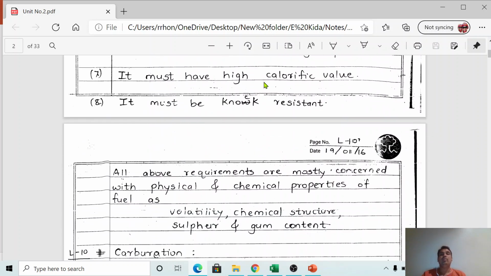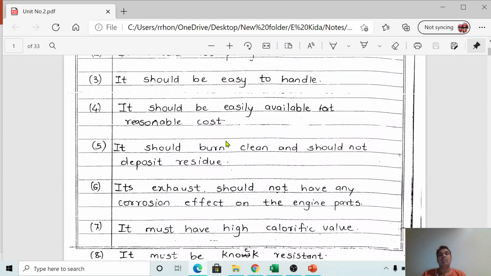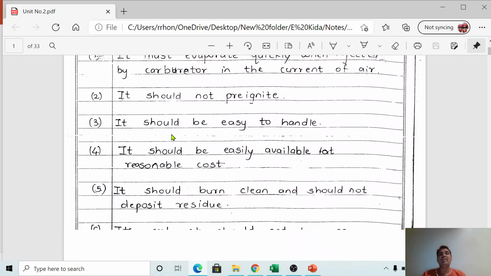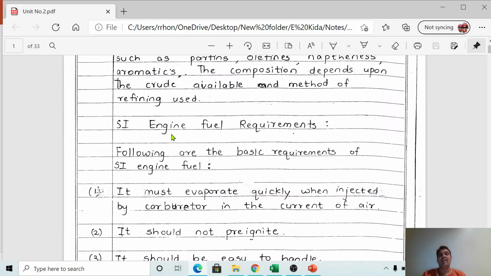All our requirements are mostly concerned with the physical and chemical properties of the fuel, and those properties are likely volatility, chemical structure, sulfur and gum content. So we can say petrol is the only fuel which fulfills all these requirements of SI engine fuel.